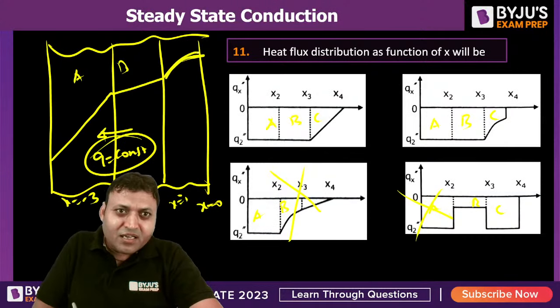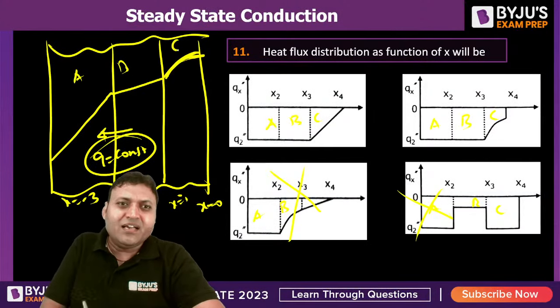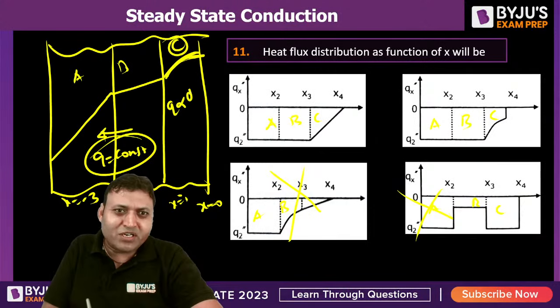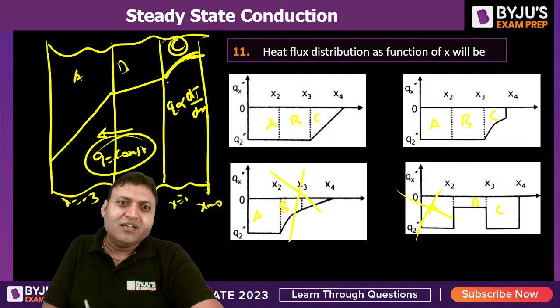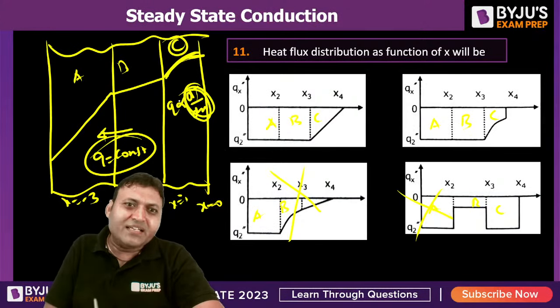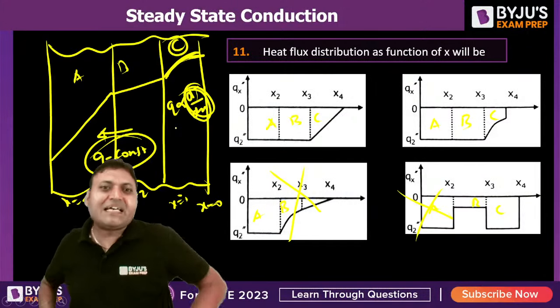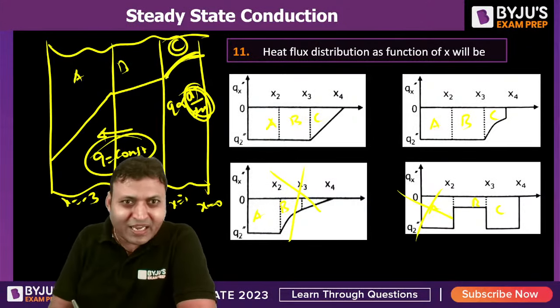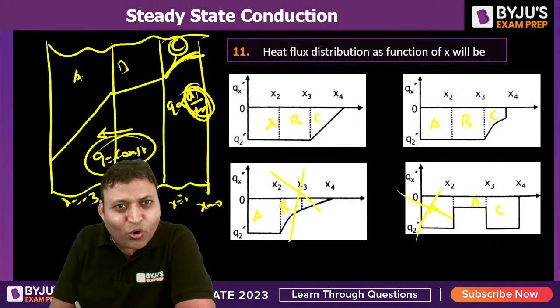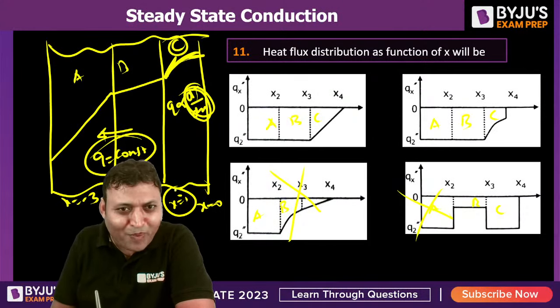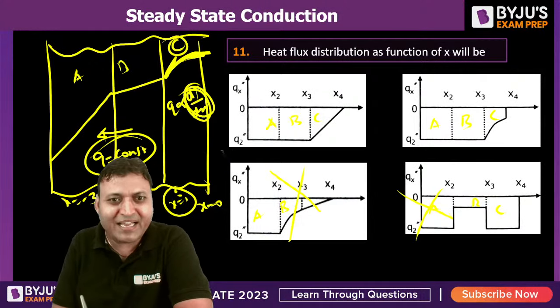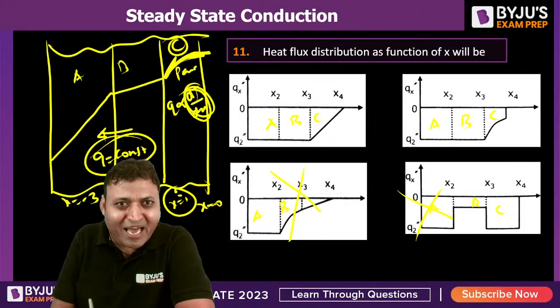And in material C, the rate of heat transfer will be variable because Q is equal to minus kA dT/dx. The more the temperature gradient, the more the rate of heat transfer. The heat transfer rate is more at x equal to minus 1, and then it will be almost 0 at x equal to 0, because it is a parabola.